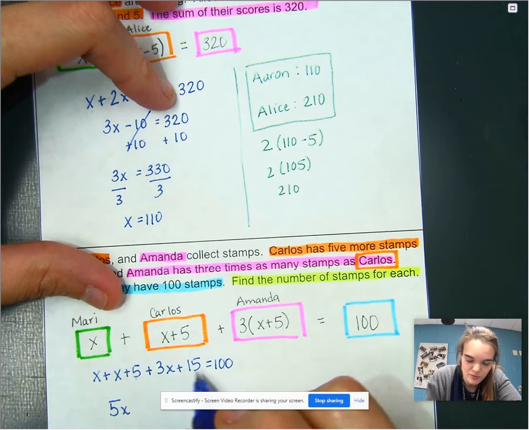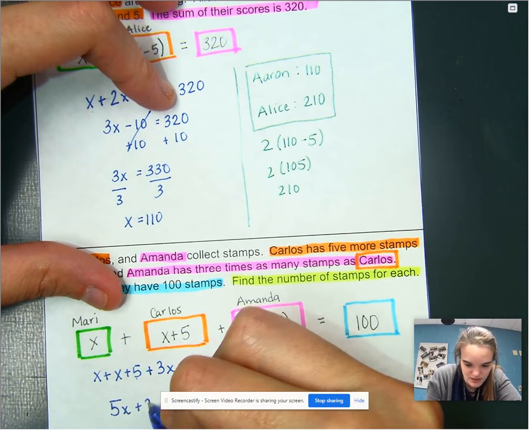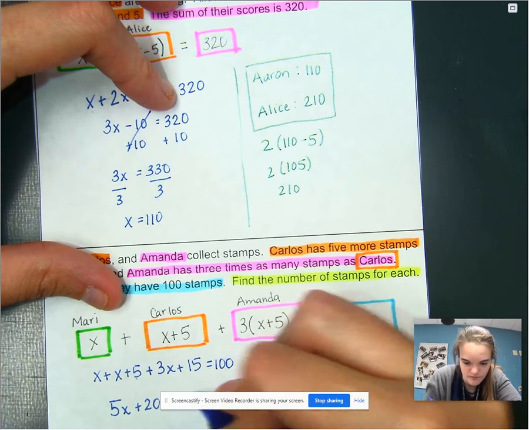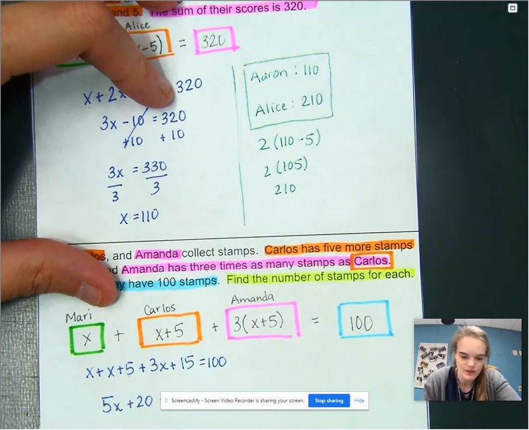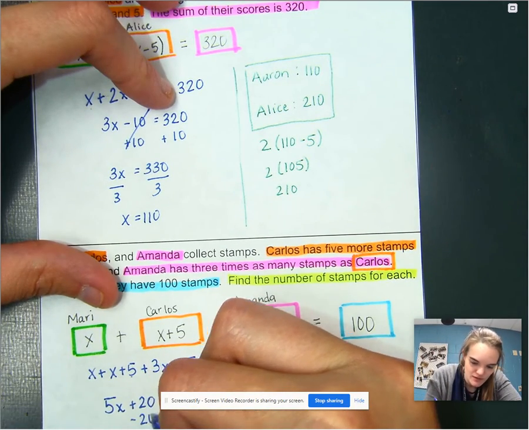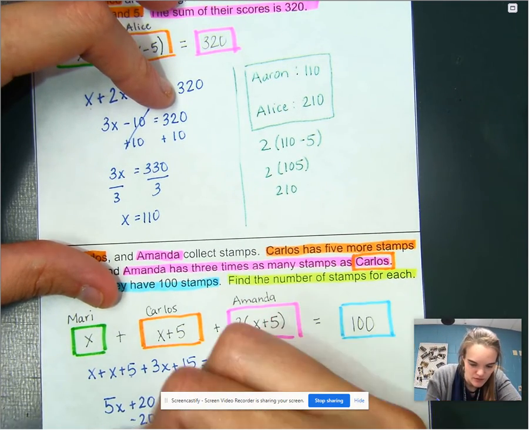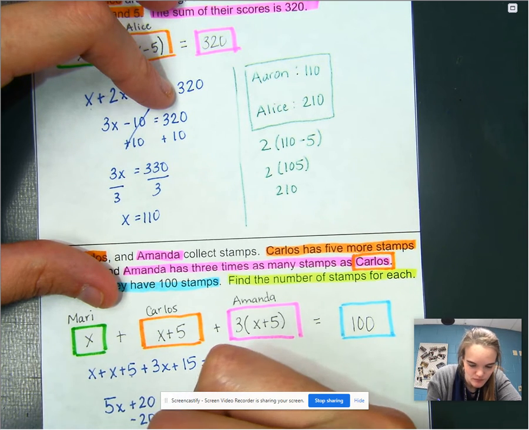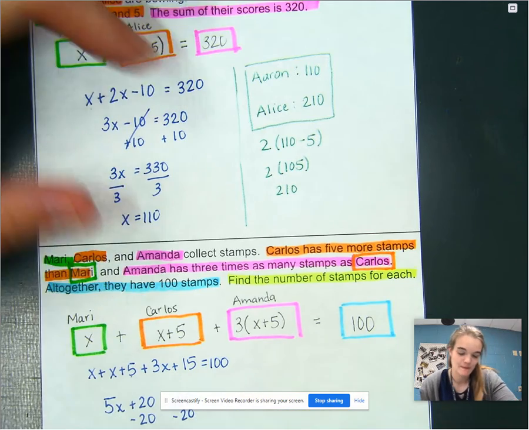5 plus 15 is 20, and that is equal to 100. Now subtract 20. 5x equals 80. Divide by 5.